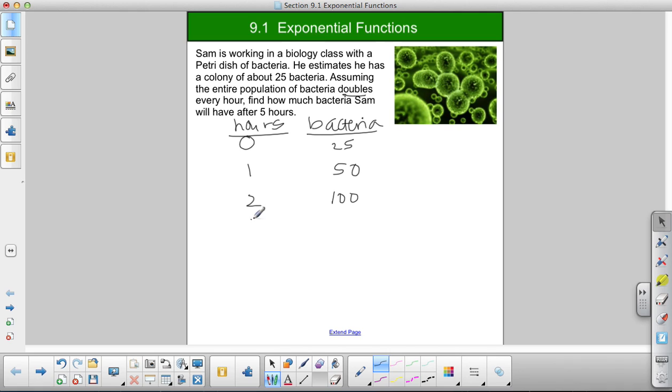At 3 hours, it would be 200, doubling every time. 4 hours, 200 times 2 would be 400. And at 5 hours, 400 times 2 would give me 800. So after 5 hours, there would be 800 bacteria.